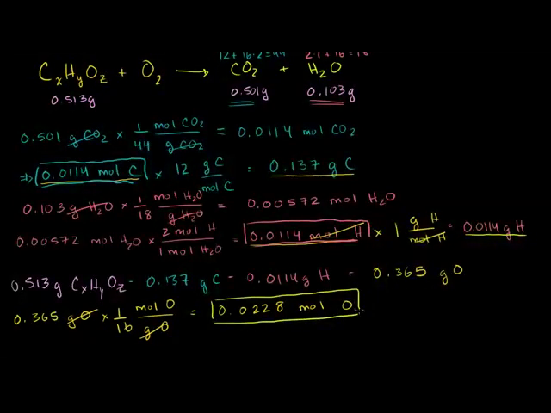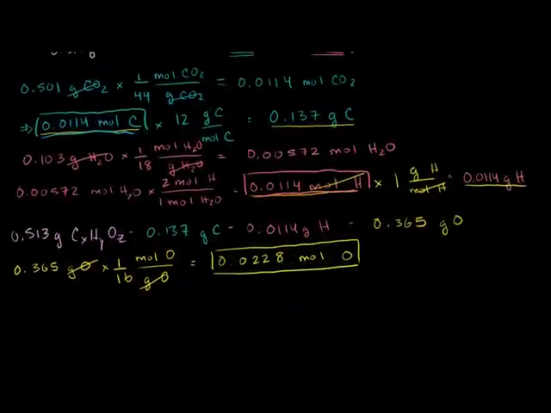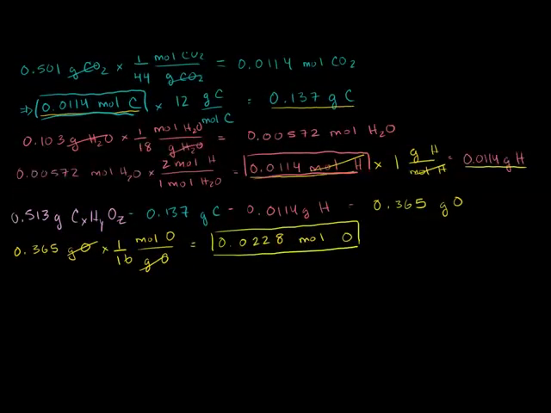So let's see if we can figure out the smallest whole number ratio between the three. So the ratio, and I'll write the ratio like this. We have, let me do it in the same colors, we have 0.0114 moles of carbon to, and then we have 0.0114 moles of hydrogen. These look nice.